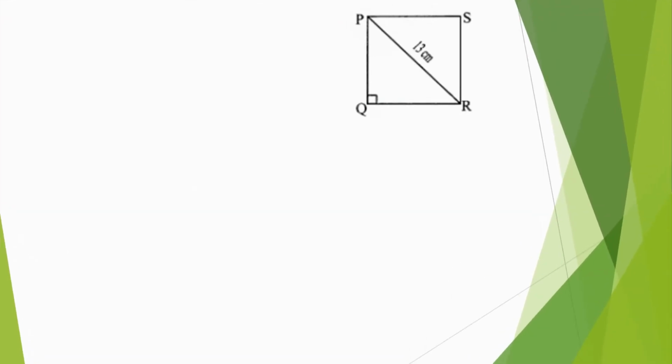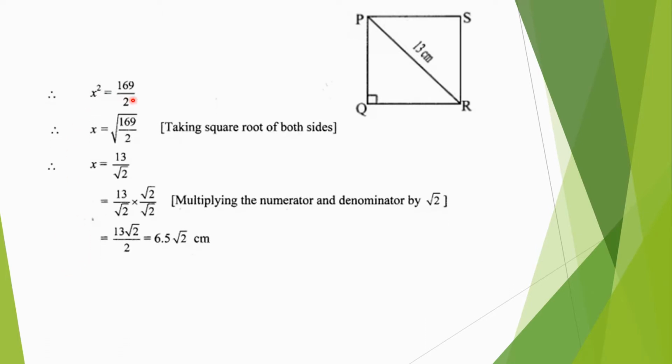Here x square is equal to 169 divided by 2. Therefore, x is equal to the square root of 169 divided by 2. The square root of 169 is 13, so x is 13 upon root 2. We have to omit the root, that is why we multiply the numerator and denominator by root 2.